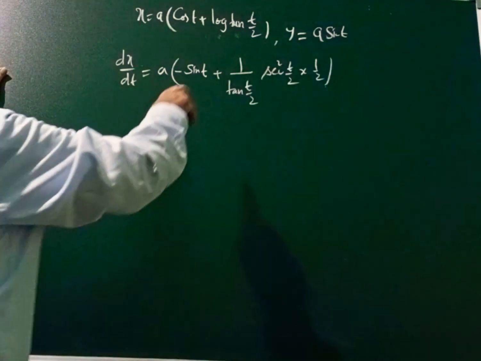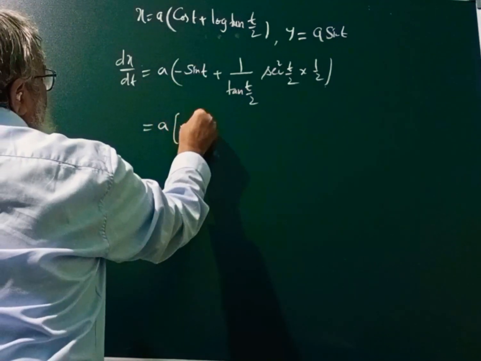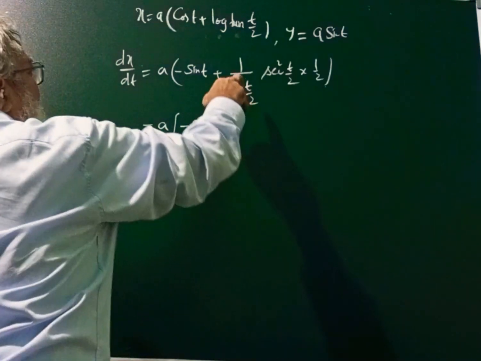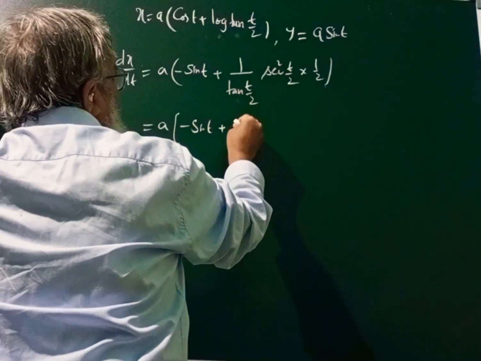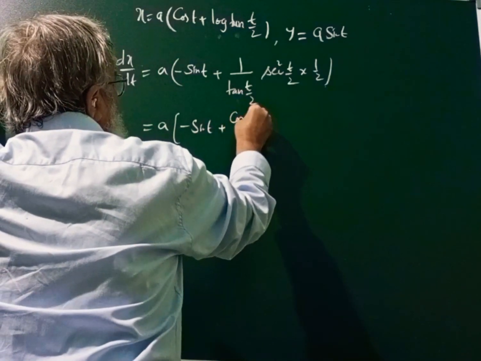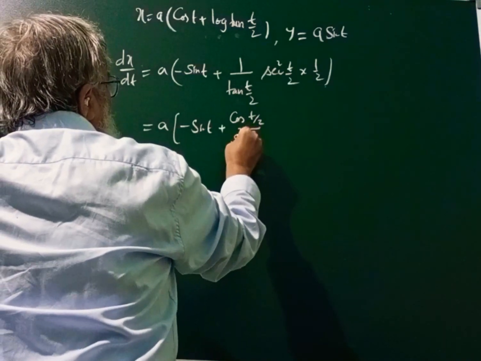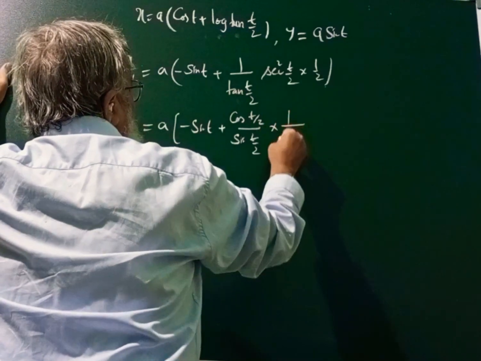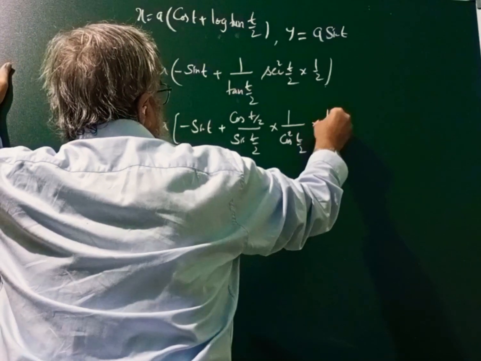So now we can simplify this as minus sin t plus 1 by tan, which can be taken as cot. Cot can be written as cos by sin, cos t by 2 divided by sin t by 2. And sec can be written as 1 by cos square t by 2, into 1 by 2.